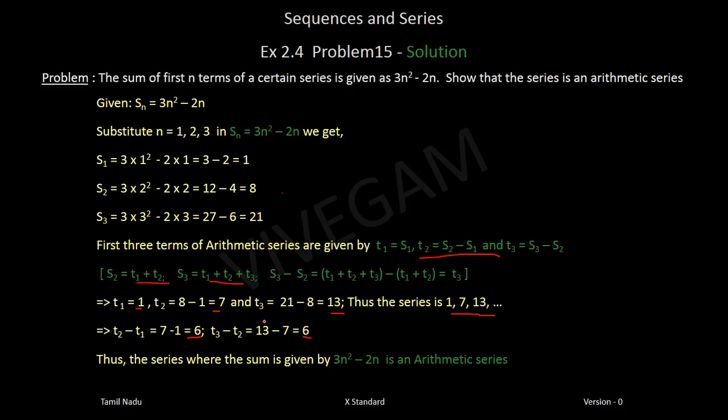Find those t1, t2, t3. Once you have t1, t2, t3, check the condition, whether t2 minus t1 is equal to t3 minus t2. If it is equal, then it is an arithmetic series. Okay, I hope I made it clear. If not, please relook at it one more time. Okay, thanks for watching this video.